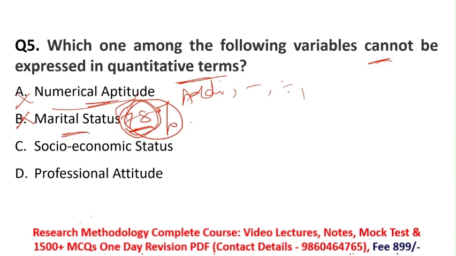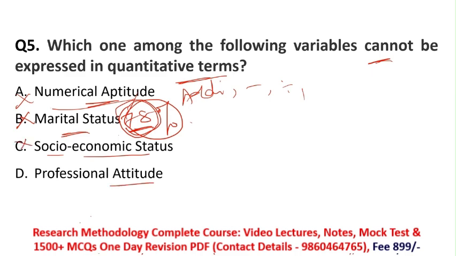Option C, socio-economic status, means what your income is, what middle class society's income is, what higher class society's income is, what business class people's income is. Again you are playing with numbers, talking in quantitative terms, so option C is also incorrect.